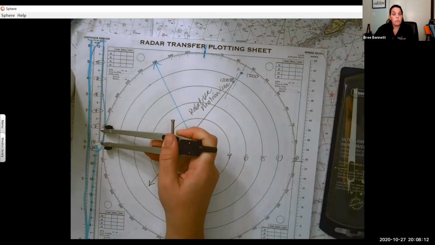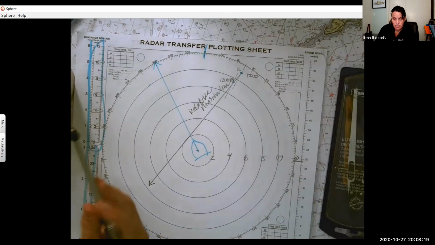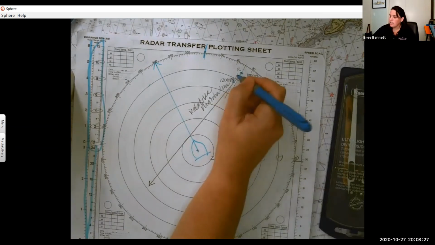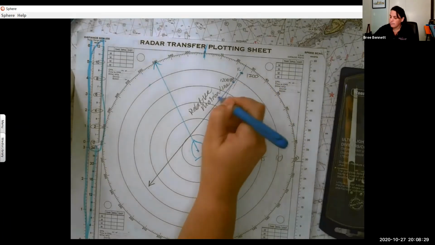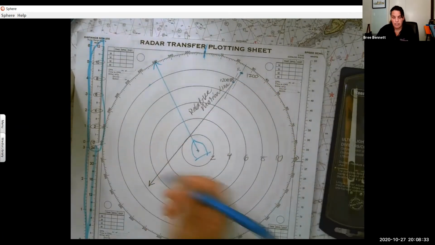So my relative motion speed would be 15 knots. That's relative motion. So what is happening in true motion? The slower the relative motion is, the slower this is going to be. I guess that makes sense.